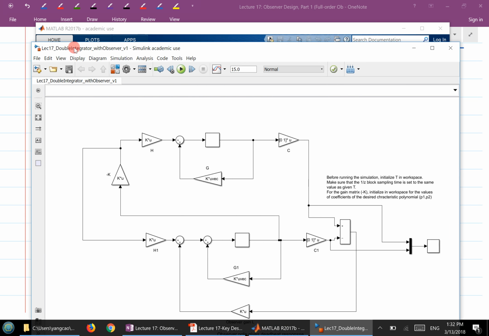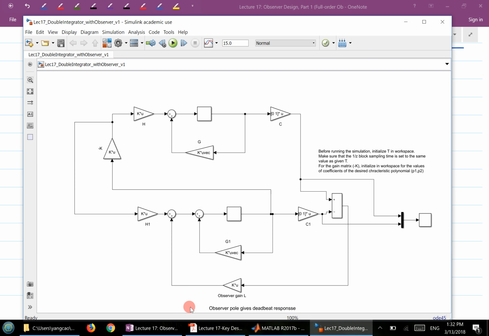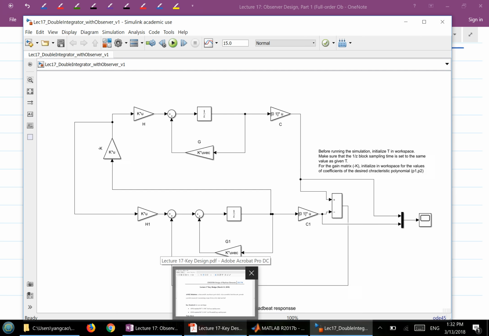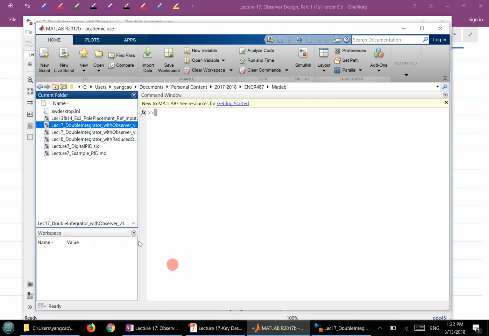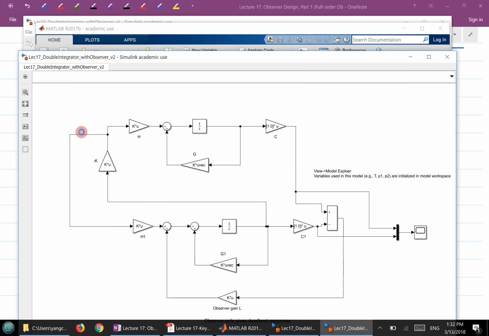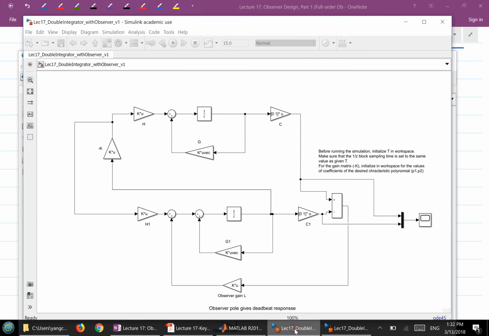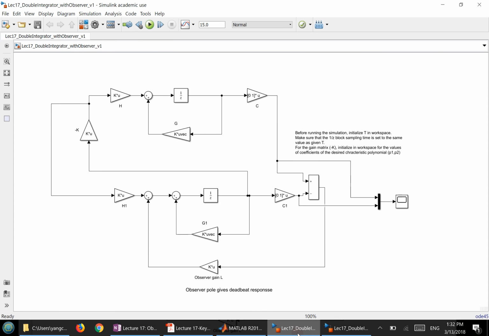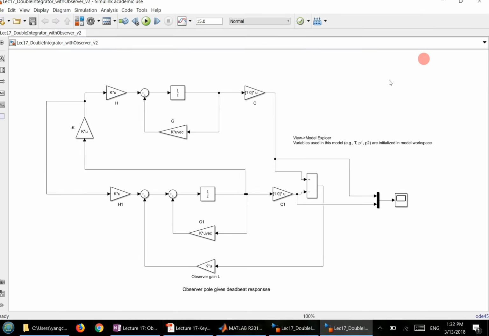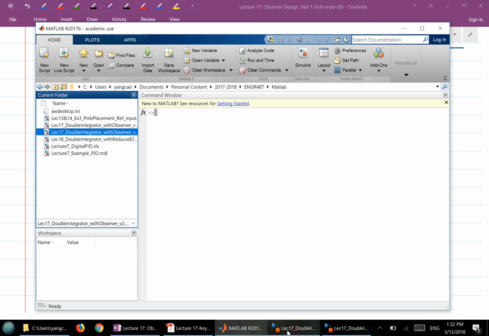I have two different types of parameter initialization here, but it's the same design. Let me open the other one here. Both of them have been uploaded. If you look at the two diagrams, initially you don't see any difference, so they are the same thing.